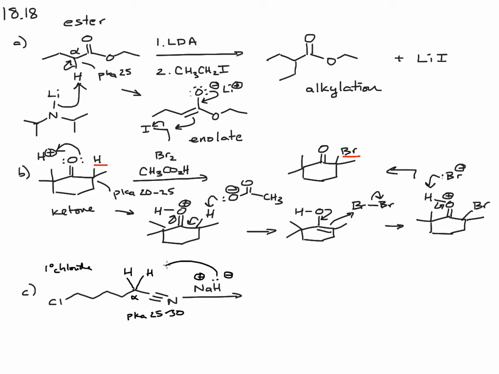So the hydride is going to abstract an alpha hydrogen. We're going to deposit the electrons in that bond on the alpha carbon. Sodium is our counterion. Our byproduct in this case is hydrogen gas, so typically you'll see that bubble out of solution.